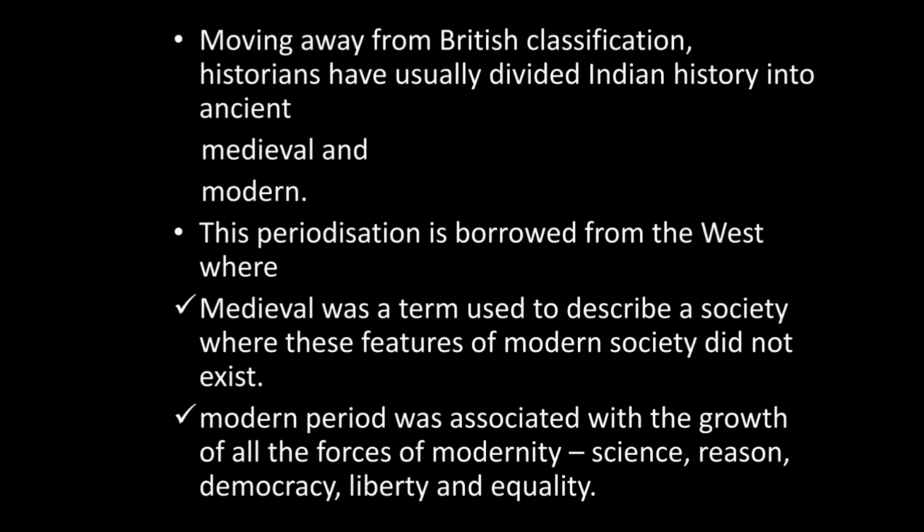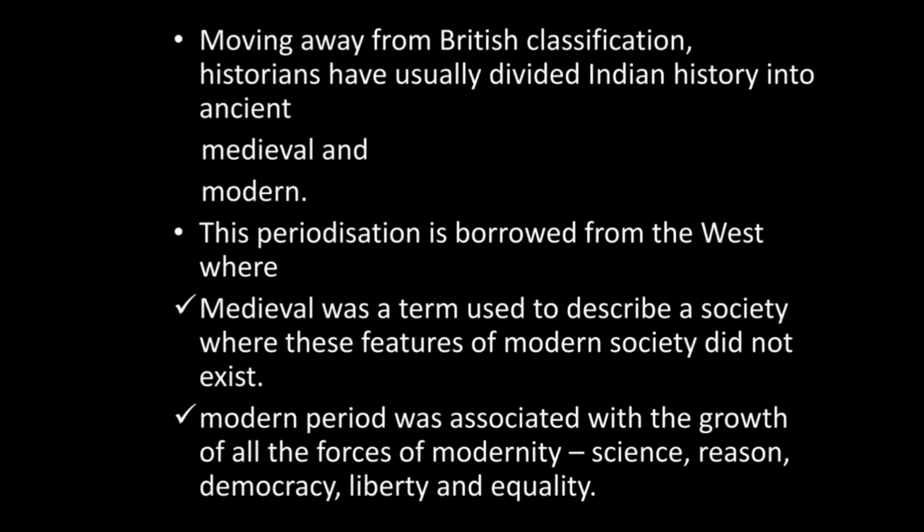So the periodization of history as ancient, medieval, and modern is borrowed from the West, where medieval was a term used to describe a society where the features of modern society did not exist. And modern society or modern period was associated with the growth of all the forces of modernity like science, reason, democracy, liberty, and equality.